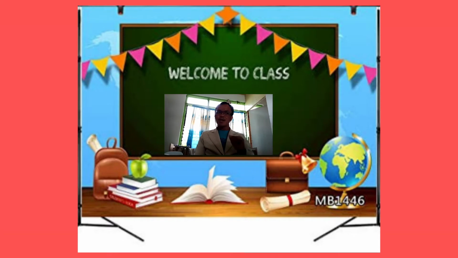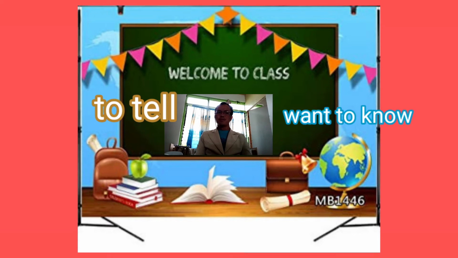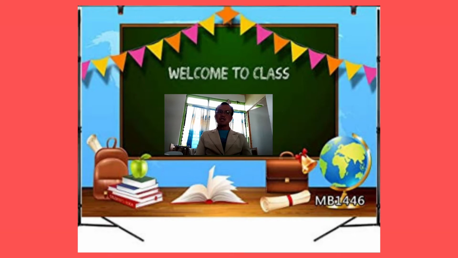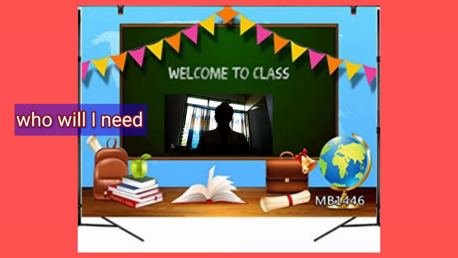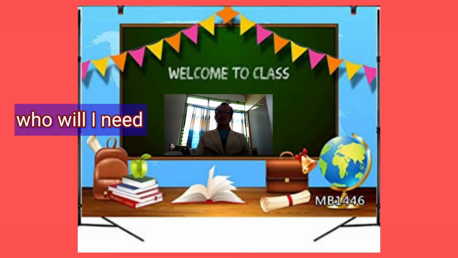Number 5, what type of data will I use to tell what I want to know? The answer to this and the previous question is not always the same. How much data will I need? If my research involves participants, who will I need to collect data from?